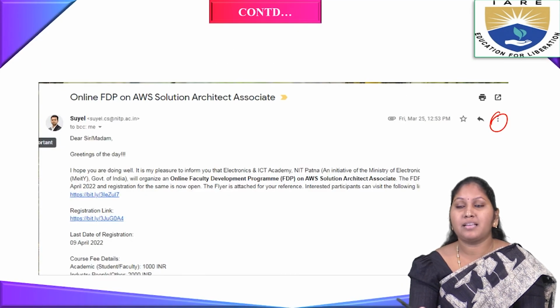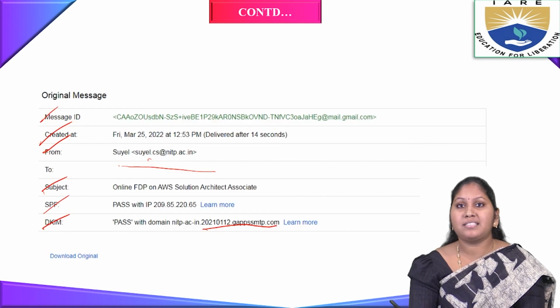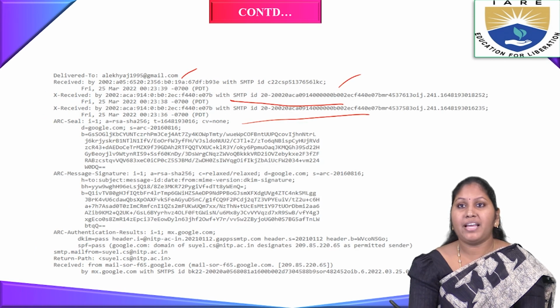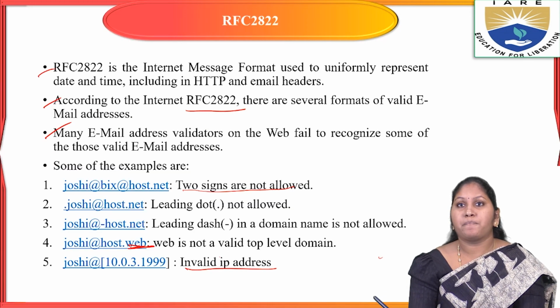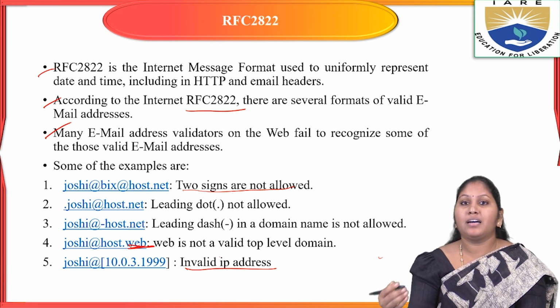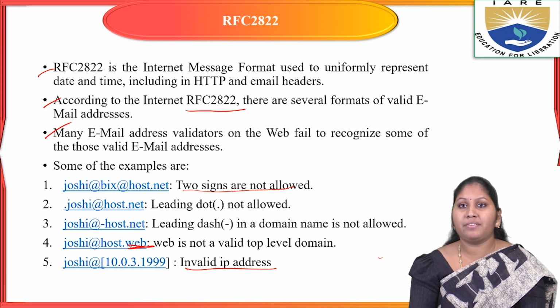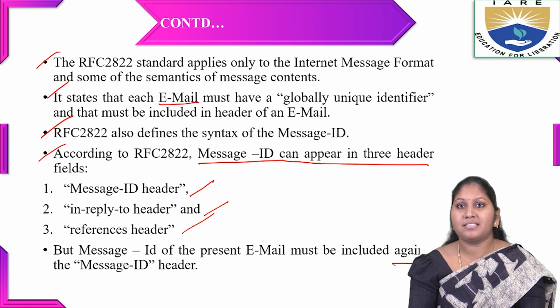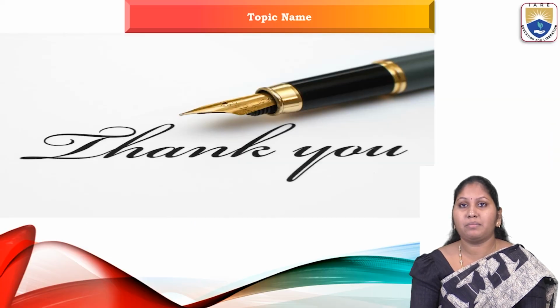We have seen some examples where we can see the mail IP addresses and mail addresses in an email. And what is RFC 2822? It is an internet message format where we can create our accounts, user IDs and message IDs based on RFC 2822.